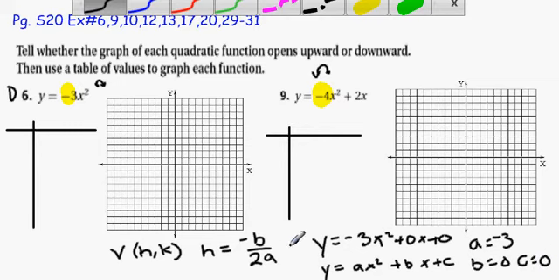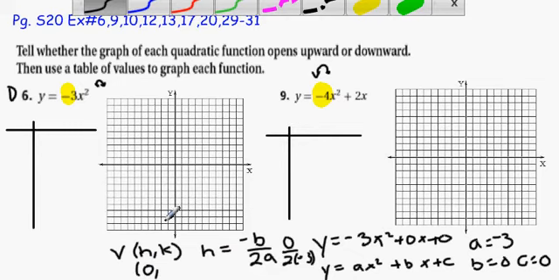Plugging in these values for b and a, we have 0 over 2 times negative 3. Well, 0 divided by anything is still 0. So our h, the x coordinate of this vertex, is 0.